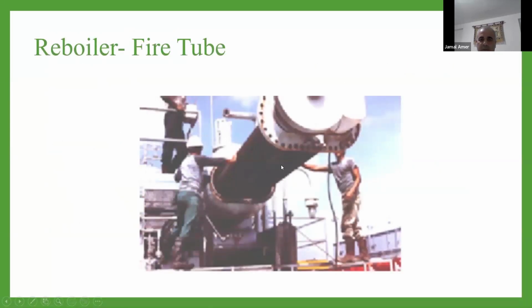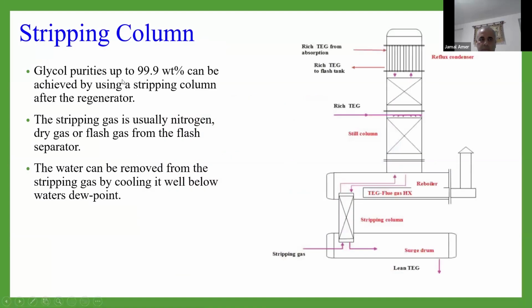Here we have the fire tube and the stripping column. We have different constructions: either it could be like this, or it could be aside, from here to here in between.